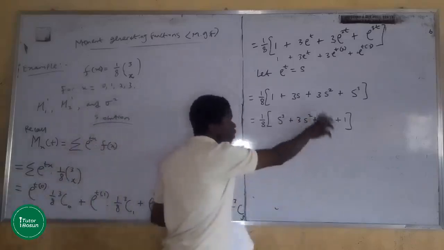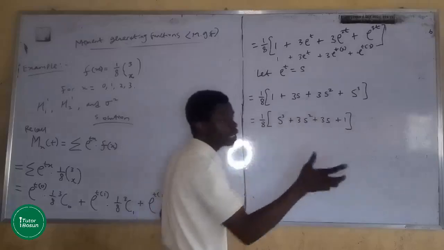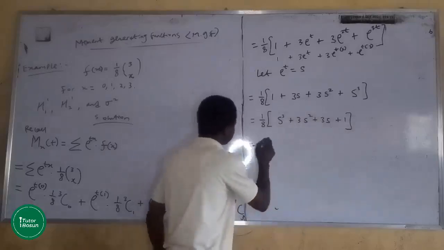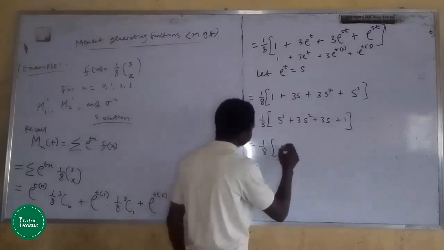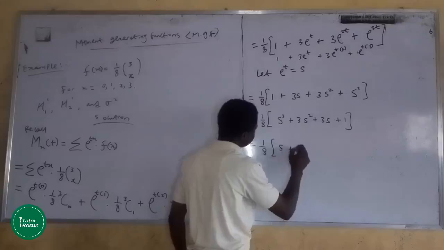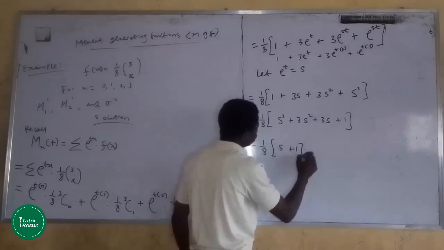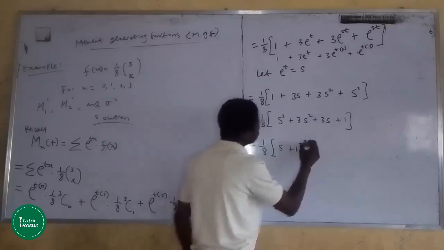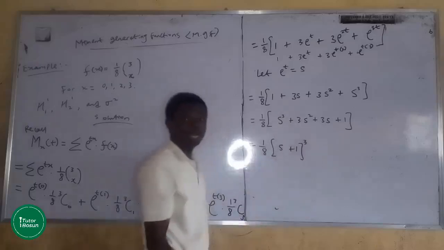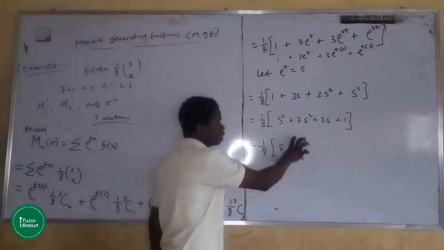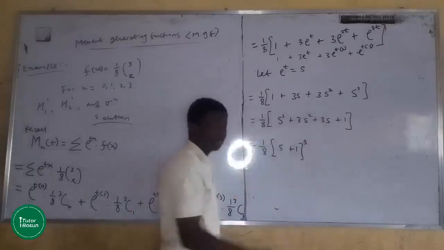So we are going to be breaking this down into that cube. So here we have 1 over 8 into s plus 1 raised to power 3. So you can expand this using your binomial theorem, and you're going to have this.